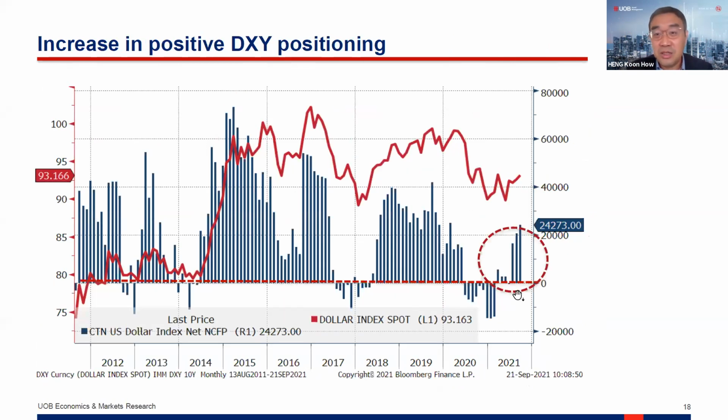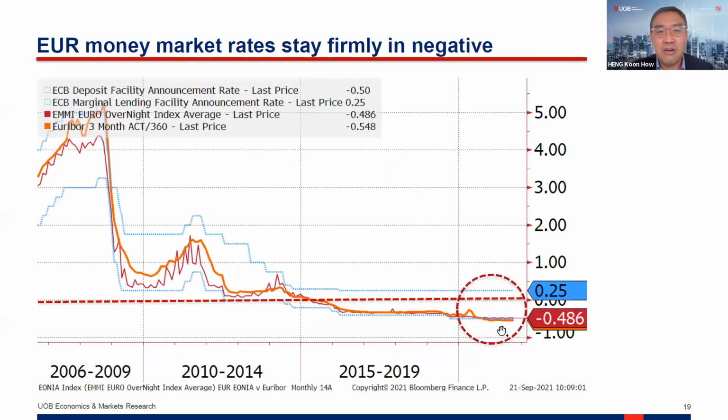In terms of dollar positioning, it has perked up very nicely ahead of the Fed announcement. And of course, outside of the dollar, 2 key currencies we look at are the euro and the Aussie. Euro rates are still stuck there. The Eurozone is still far away from normalizing policy. Christine Lagarde is still what I call a very clear outright dove, right? Even where they hint of tapering, Christine Lagarde says this is policy recalibration and it is not tapering.